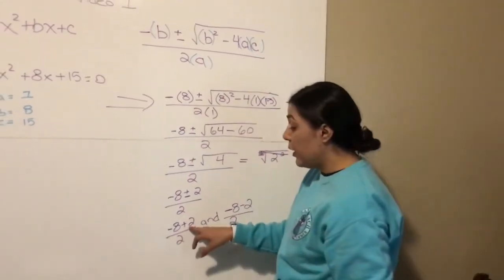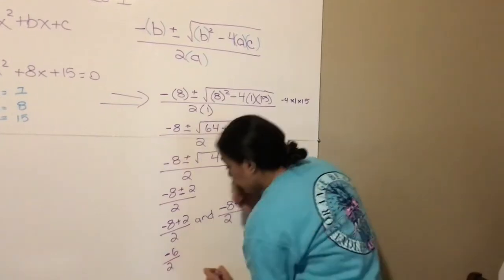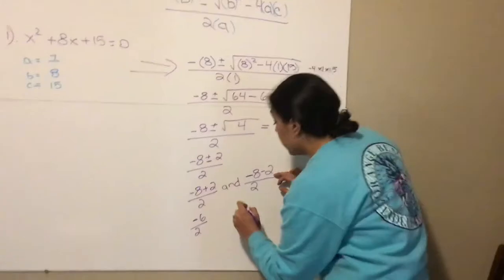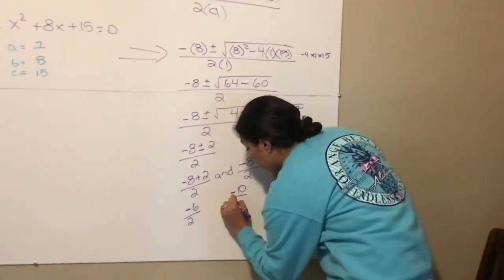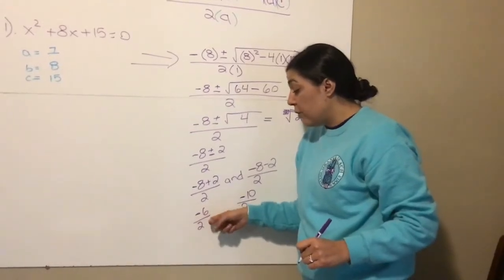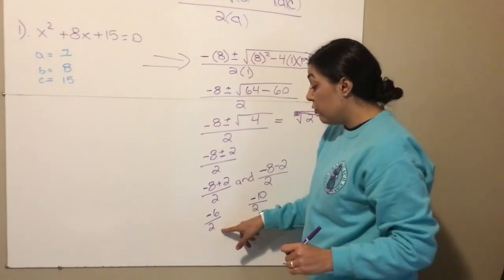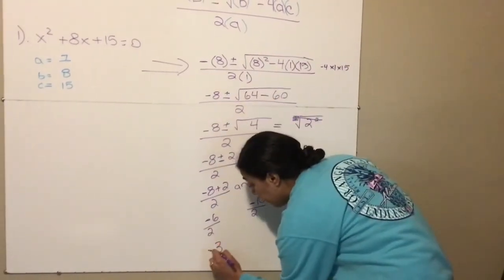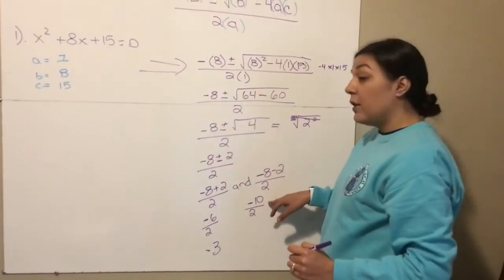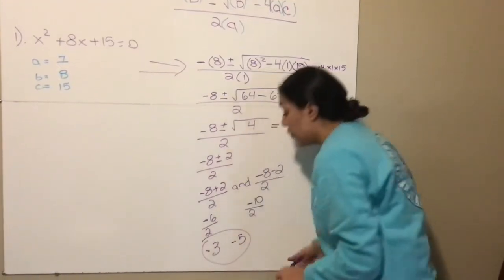Negative 8 plus 2 is going to give you negative 6 over 2, and negative 8 minus 2 is going to give you negative 10 over 2. The fraction bar just means divide, so negative 6 divided by 2 is negative 3, and negative 10 over 2 is negative 5. And this part is your answer.